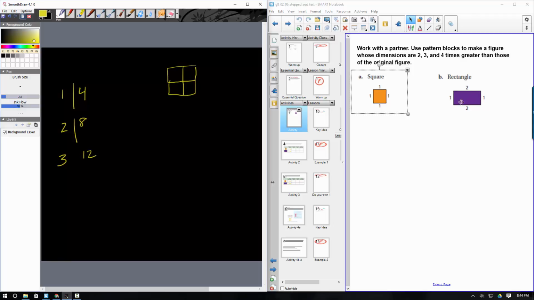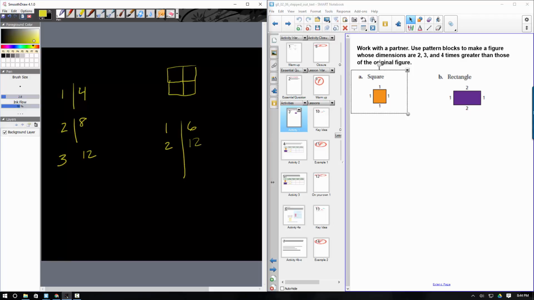If I looked at my rectangle, my original perimeter for my one rectangle would be 6. And then if I have 2 rectangles or 2 blocks, I now have 2 by 4 by 4 by 2, so that'd be 2, and then 4 would be 6, 8, and then I'd have 12, right?